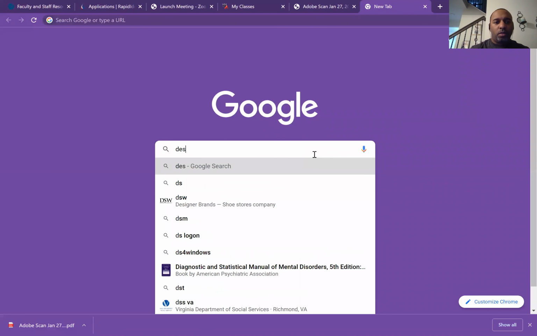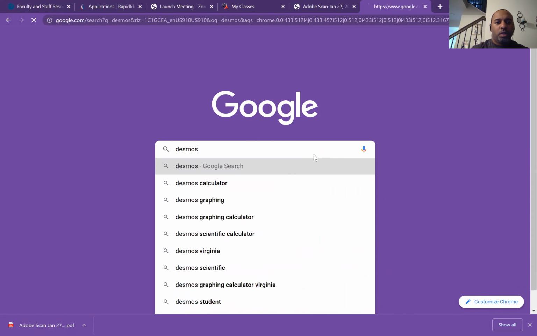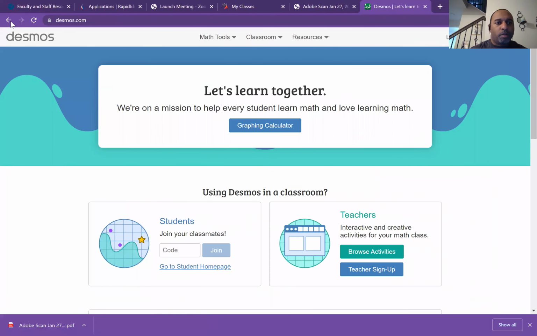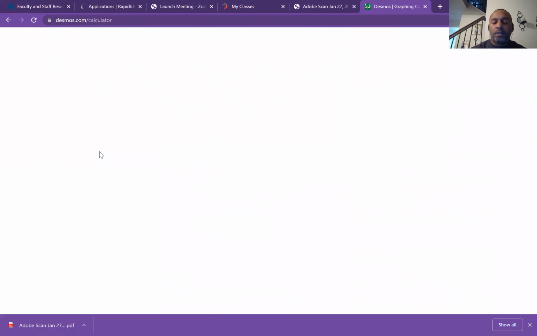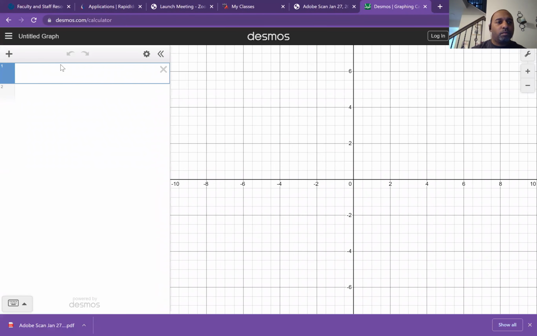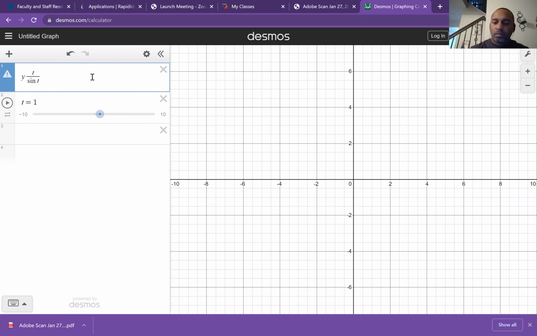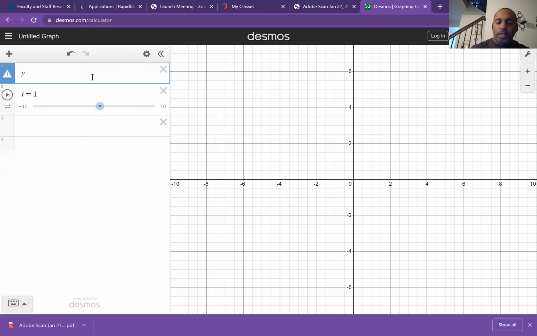All right, that was the wrong one. Go to graphing calculator. So we're talking about t divided by sine of t. Oh, that's right, can't use t, got to use x.